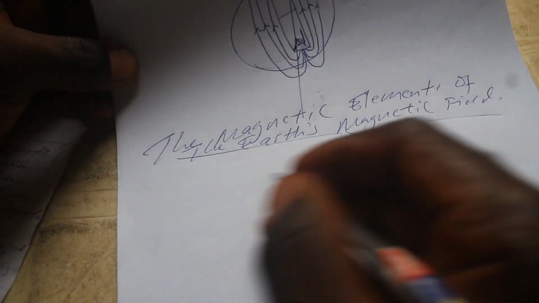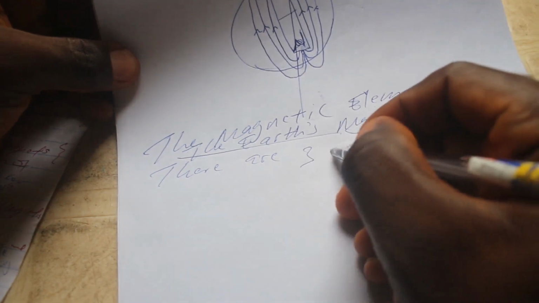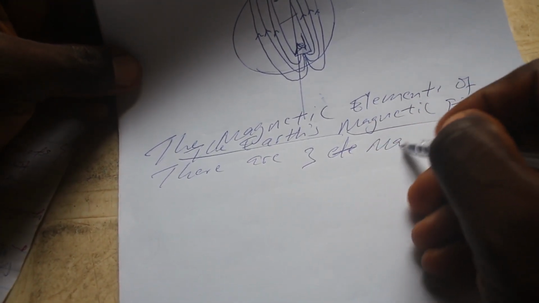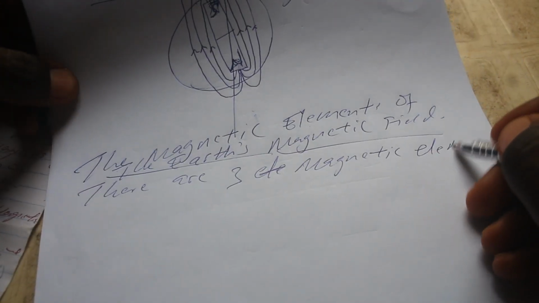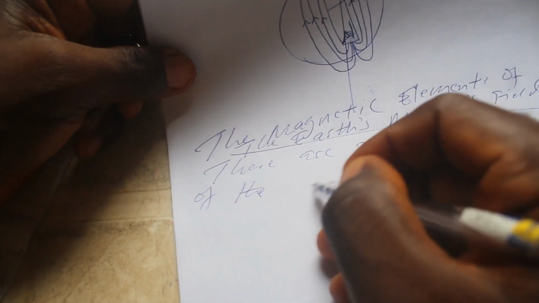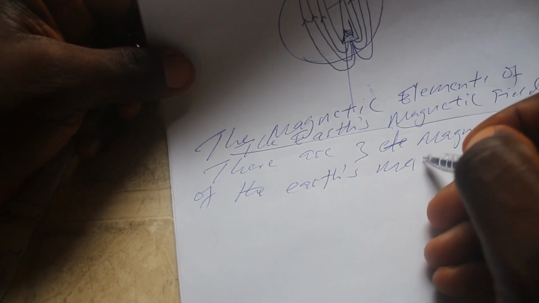So there are three magnetic elements of the Earth's magnetic field.